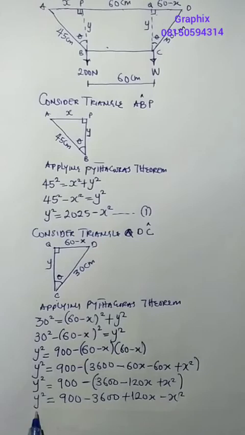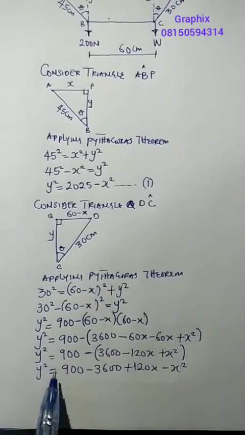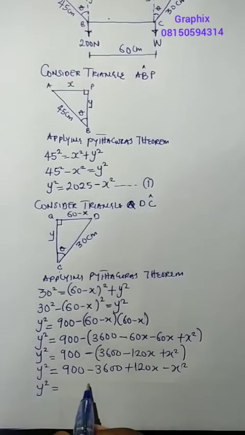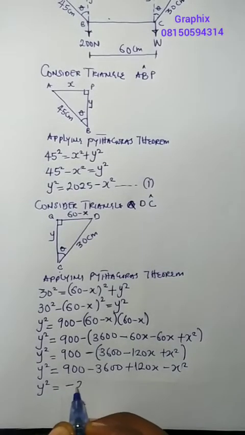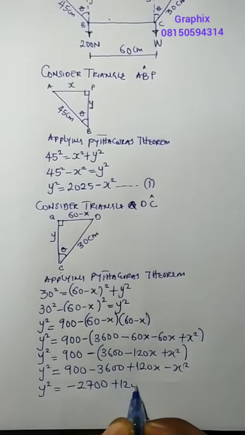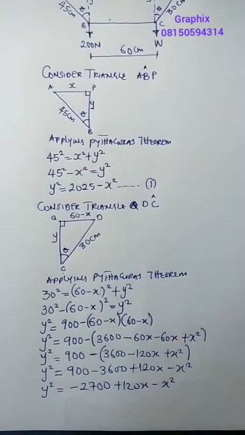So from here, y squared will give you 900 minus 3600. We're having minus 2700 plus 120x minus x squared.